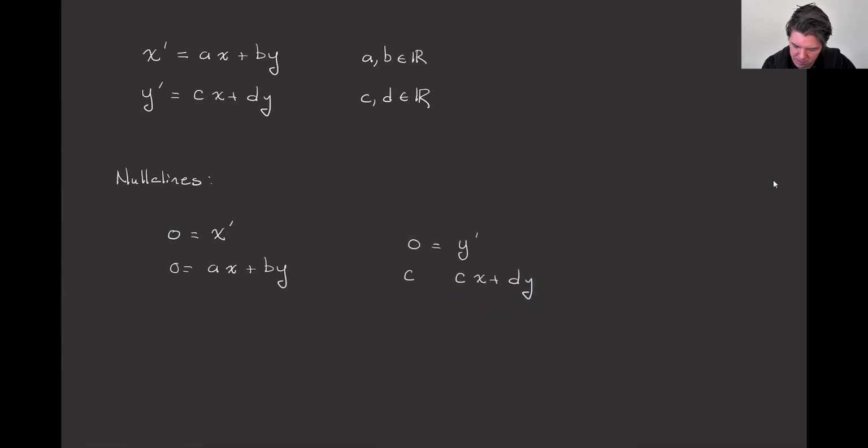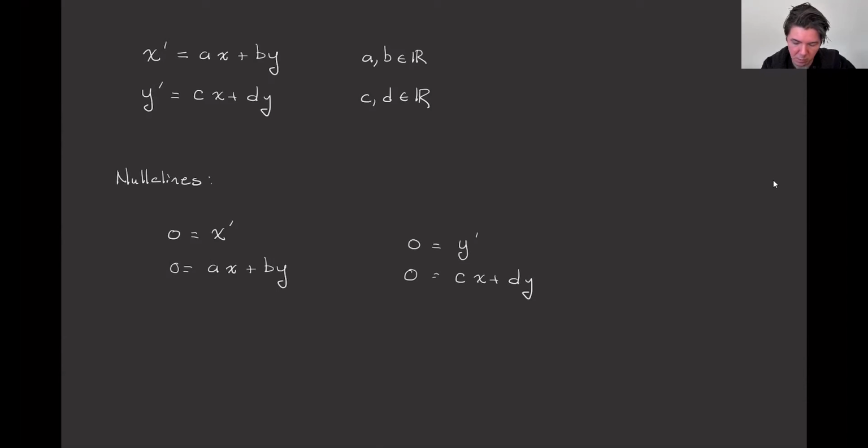And we can see that setting x prime and y prime equal to 0 gives us, because of the equality of x prime and y prime up top here, ax plus by is equal to 0, and cx plus dy is equal to 0. With a little bit of rearranging, what we get is this. Hopefully this sets up the idea in your mind, and it'll make the first part of this lab pretty straightforward.